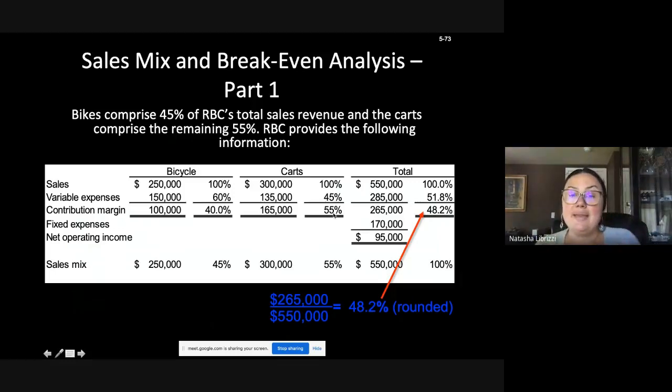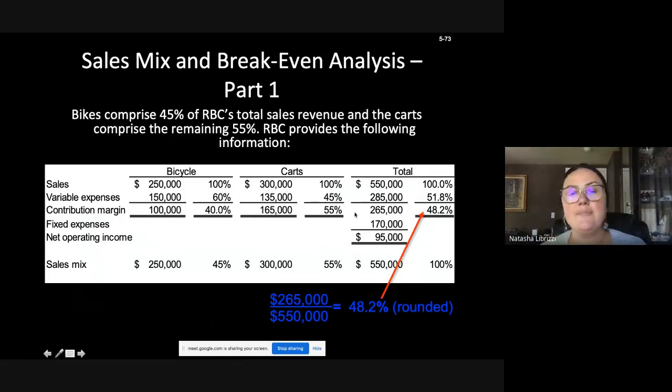With that mix, if we look at the company total altogether, I took 250 plus 300 equals 550. Our average contribution margin is 48.2%. Here's a mistake you do not want to make: you don't want to take 40 plus 55 divided by 2, because the volume of sales is different between the two. So what we're going to do is calculate our break even using our total, and then go back and break it between bicycle and cart.